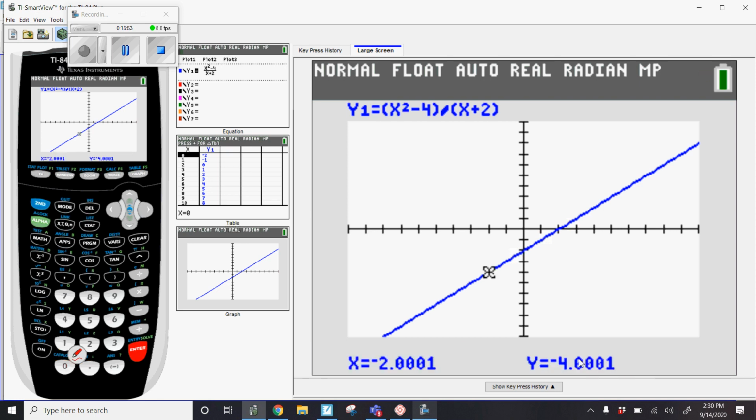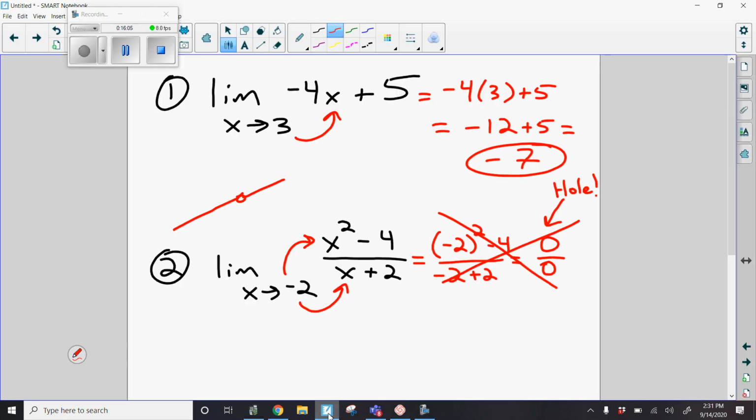And once again, I see that my y value is -4.001. Again, really close to -4. So I can see graphically here that my answer should be -4. I know that this answer actually equals -4. But how could I do that without a calculator?